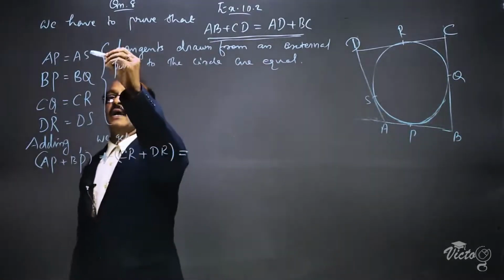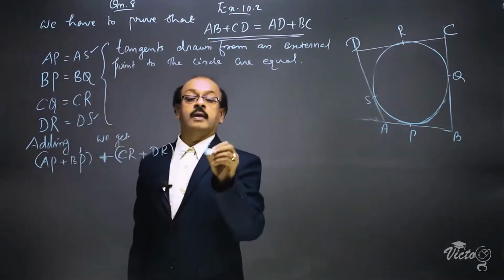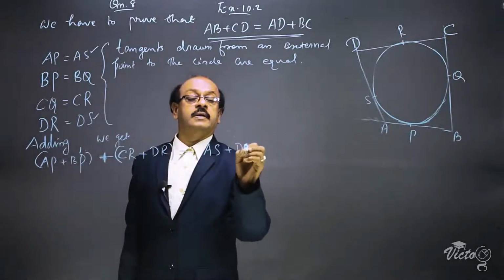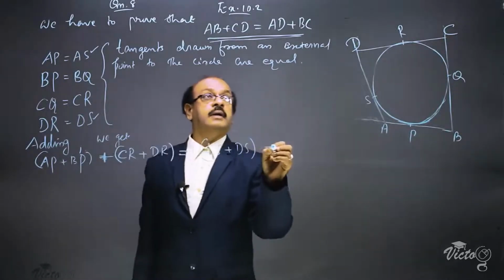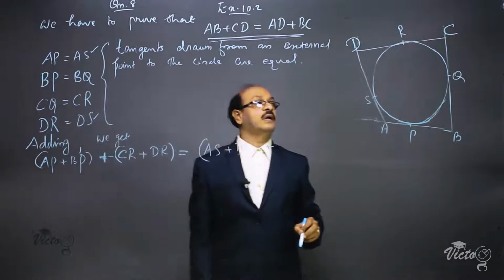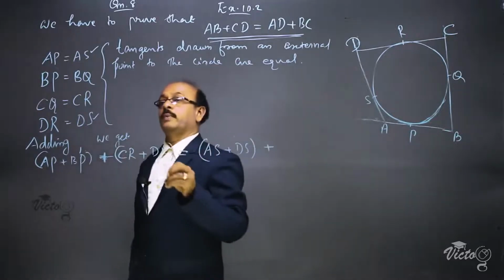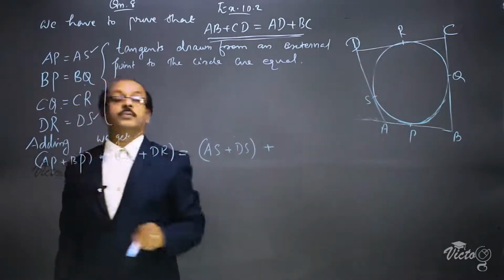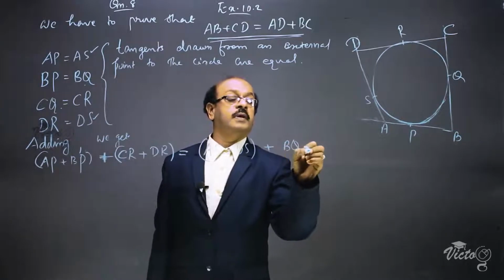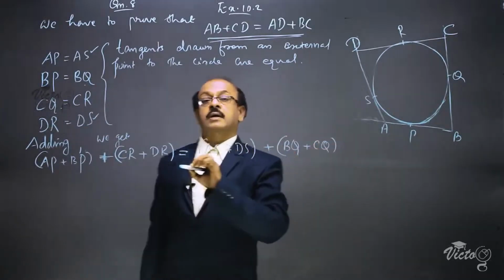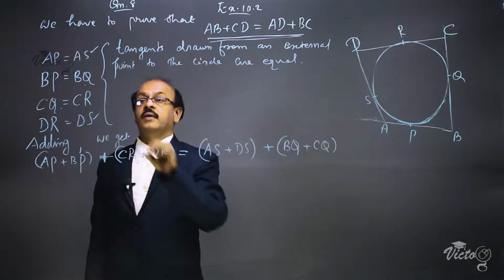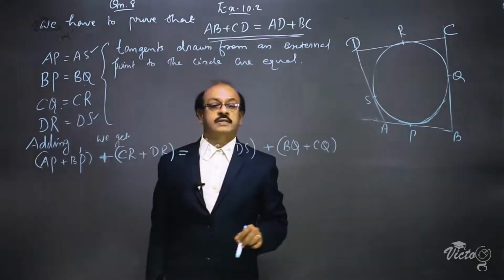Then BC is equal to BQ plus CQ. We are grouping and rearranging these lengths of tangents.